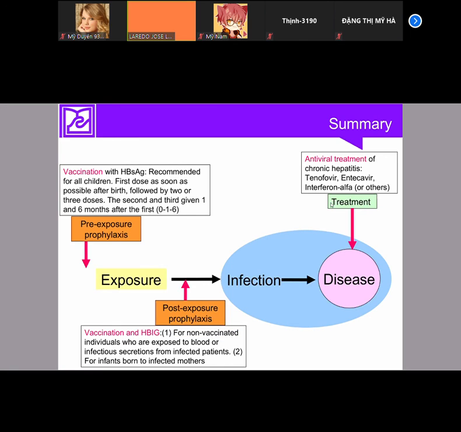And finally, we can treat patients with chronic hepatitis B. Patients with chronic hepatitis B must be treated with antivirals. Currently, we have antivirals to fight hepatitis B virus. Tenofovir and entecavir are the best, and also interferon alpha. This is not important for you now, but this will be very important in the future.